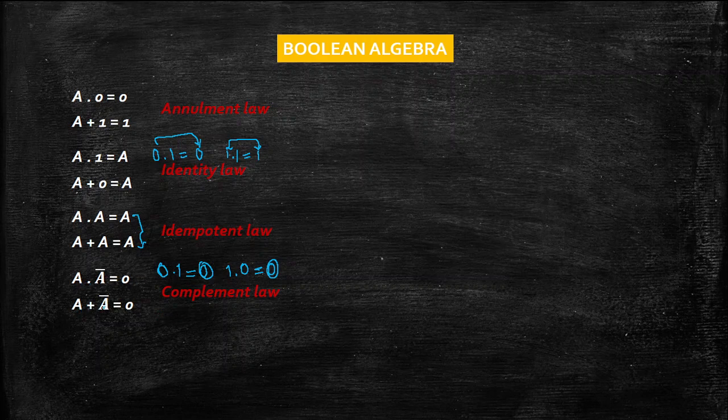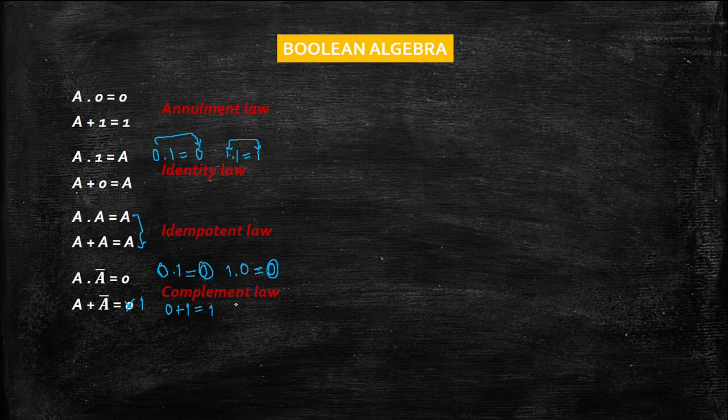Similarly, a plus a complement. It should not be 0, it should be 1. Note it down properly: a plus a complement is equal to 1. See how: if a is equal to 0, then 0 plus 1, where 1 is the complement of 0, so 0 or 1, output is 1.